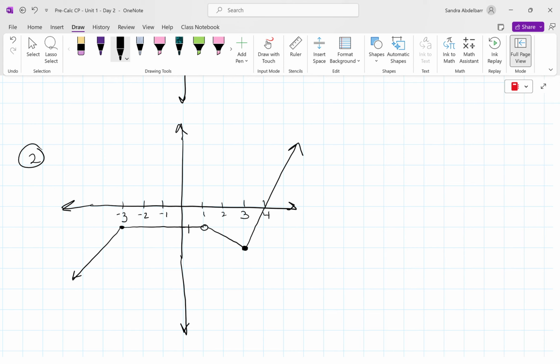Okay, so I want you to write all the different intervals. There could be multiple increasing, decreasing, constants when we're writing out intervals. You just go from left to right and identify them in the order they're showing up.